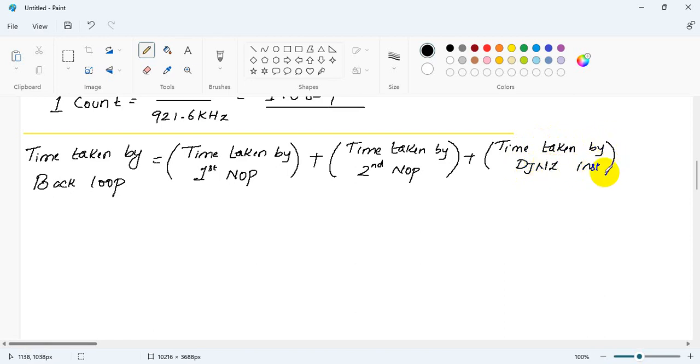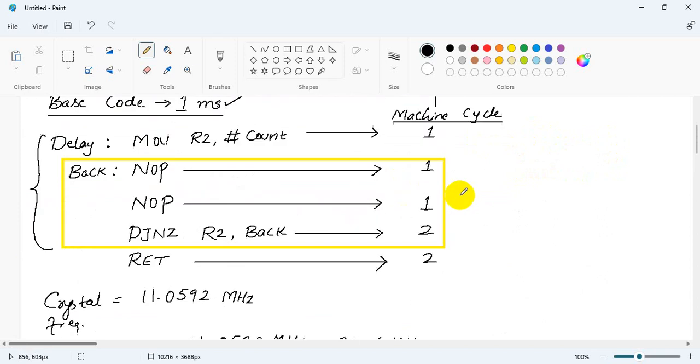So these are the 3 instructions which are coming in this loop.